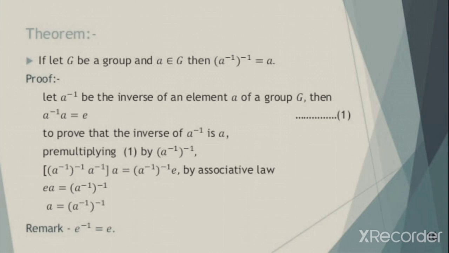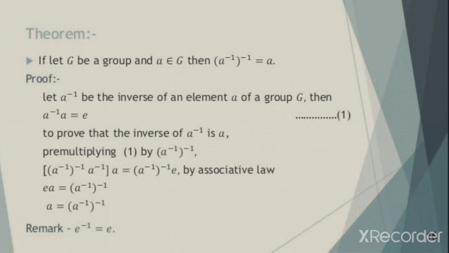Now the next theorem: if we consider G a group and a belongs to G, then (a inverse) inverse will be equal to a. Now the proof. Let a inverse be the inverse of an element a of a group G, then a inverse a will be equal to e. To prove that the inverse of a inverse is a, we multiply equation number 1 by (a inverse) inverse.